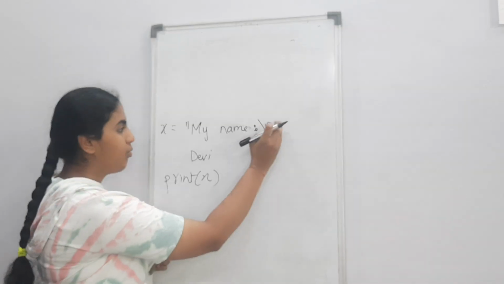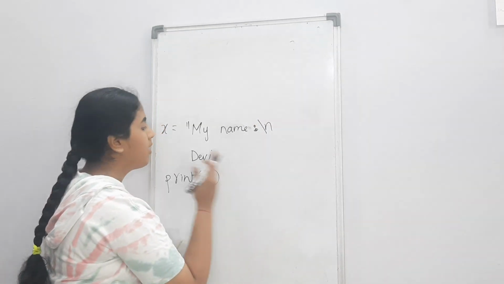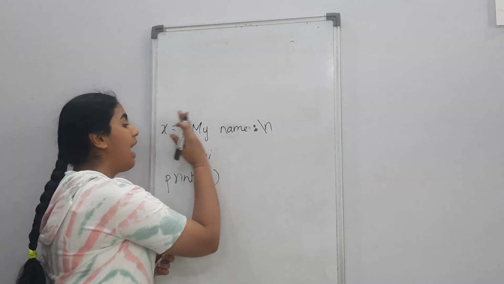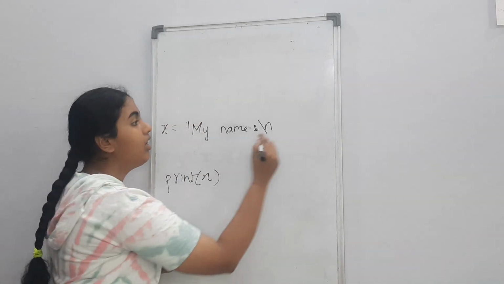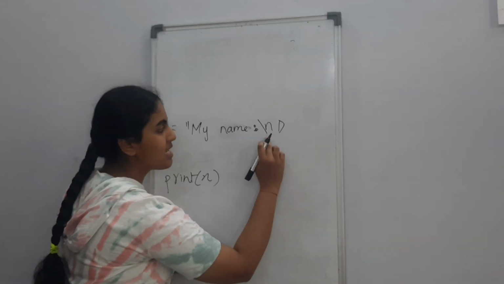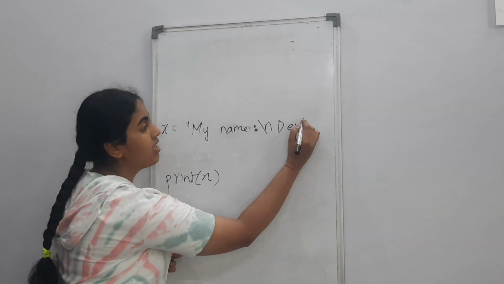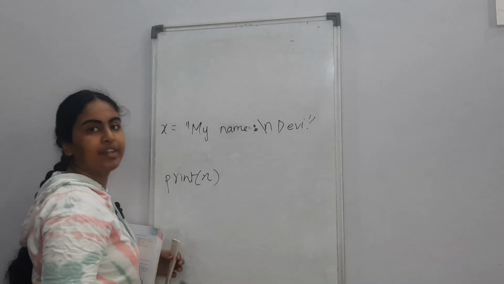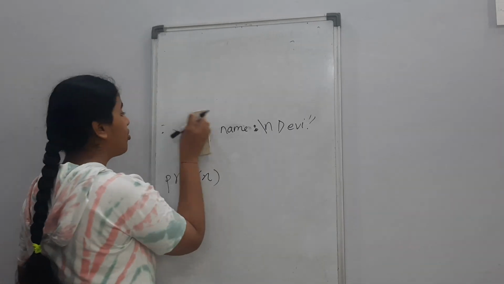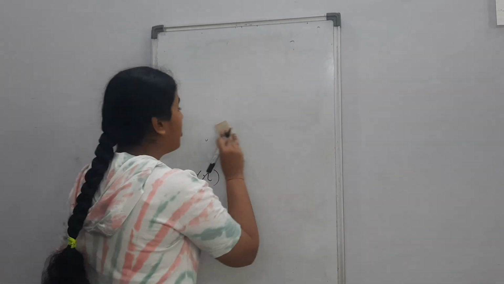Anything after this will move on to the next line. Since this is a character, you have to write it right where the break should happen, and anything after it will move on to the new line. Okay, so that is what the new line character is.